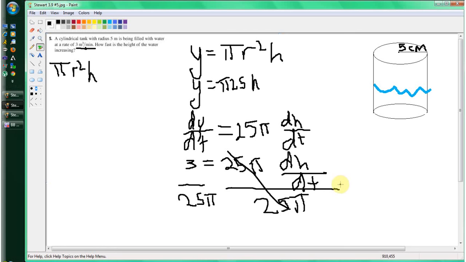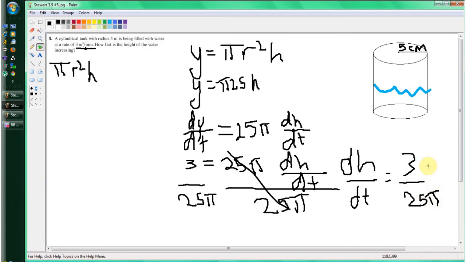And the answer would be dh over dt equals 3 over 25 pi. And the units are meters per minute. Oh, it's meters cubed. And that's it for number 5.